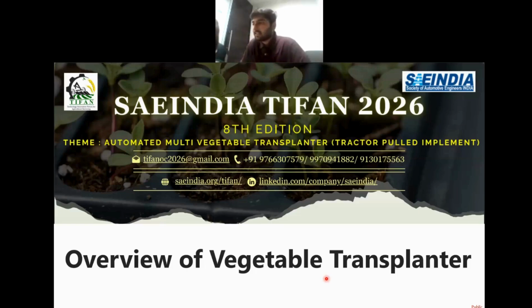Adding to this point, when we are talking about the PTO attachment to the tractor, when we are taking a turn at the head or the dead end, we need to have some kind of mechanism so that when you are lifting the implement, the PTO gets stopped. There are some accessible systems currently used in the rotavator.